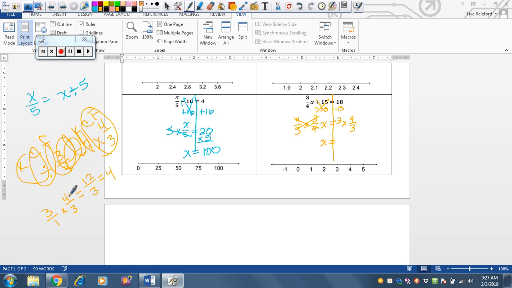You are multiplying and dividing. You're multiplying by 4 and dividing by 3. You can even do it backwards. Divide by 3 and then multiply by 4. It doesn't matter. Get the same answer. So x equals 4. Not too bad.